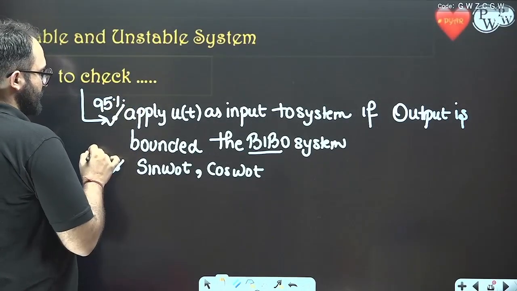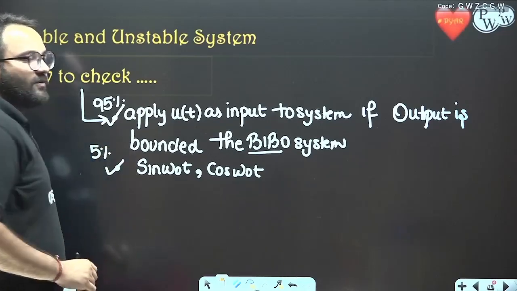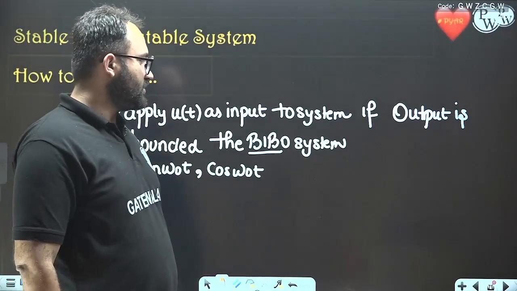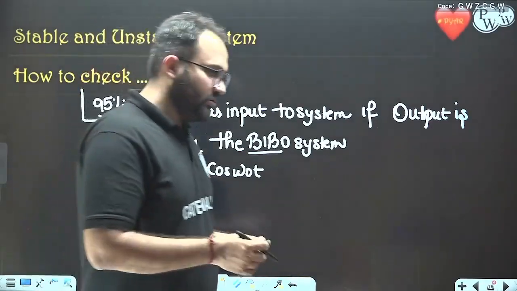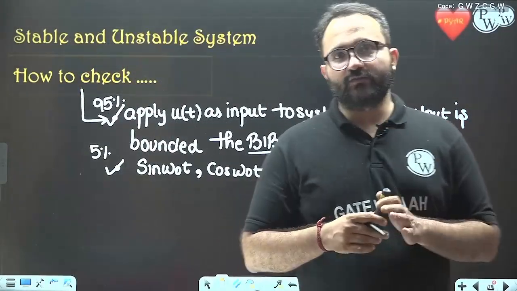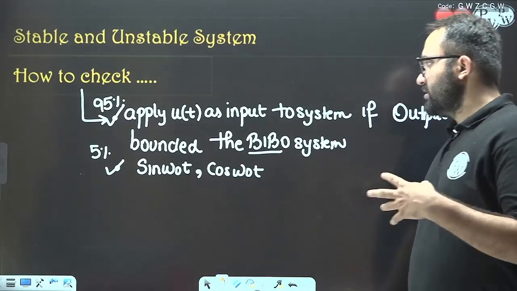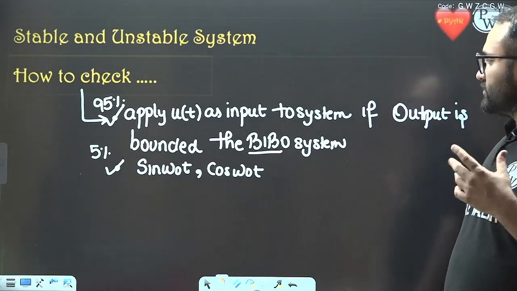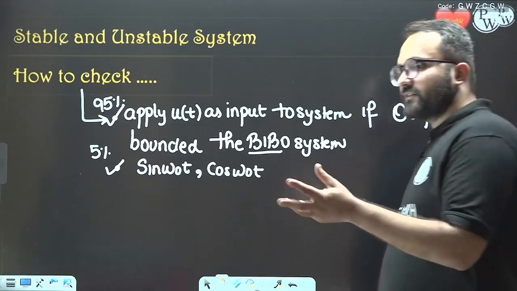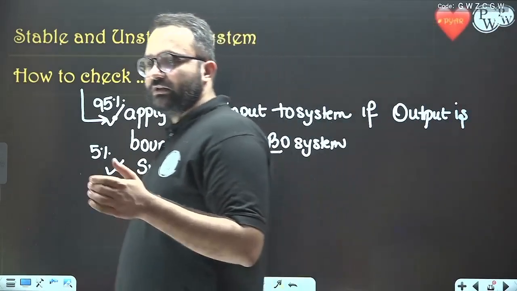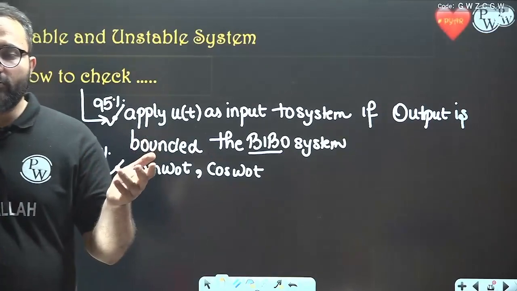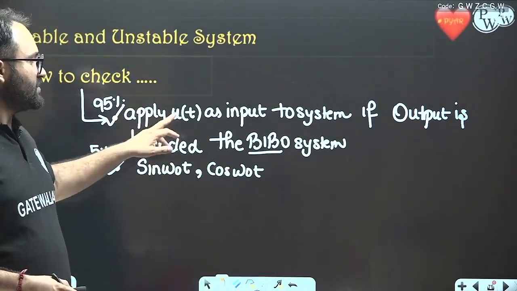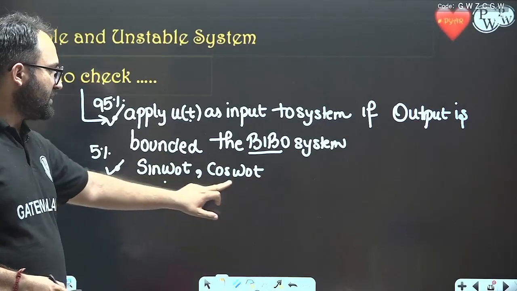For few cases, there was one PYQ, for that we need sin(ω0t) or cos(ω0t), because these two are also bounded inputs, as the amplitude is always from -1 to 1. So when the input is sin(ω0t) or cos(ω0t), the output should be bounded, then the system is stable. So u(t), sin(ω0t) and cos(ω0t) are more than sufficient for checking.